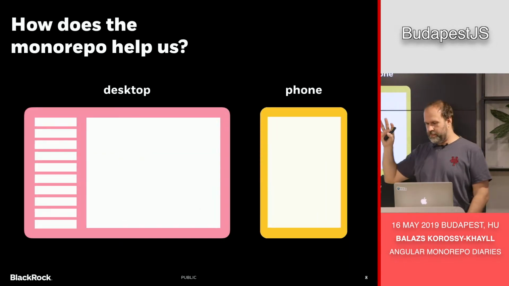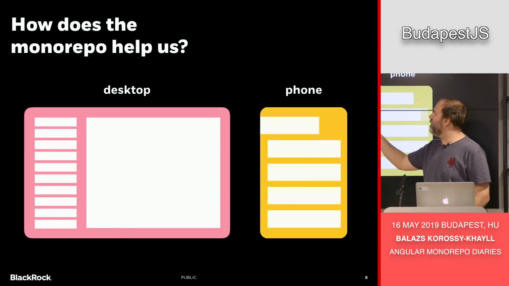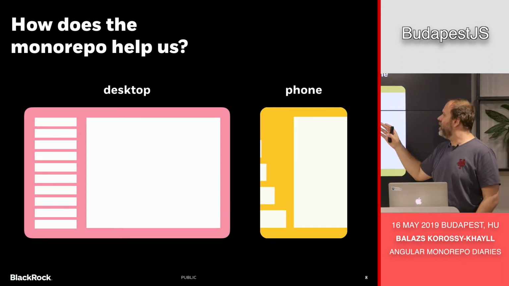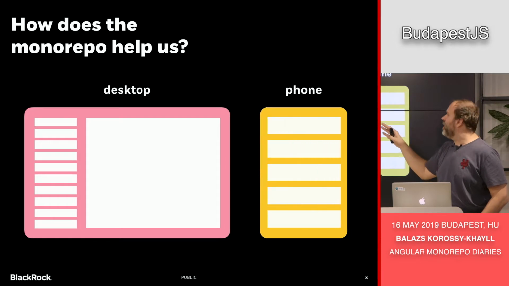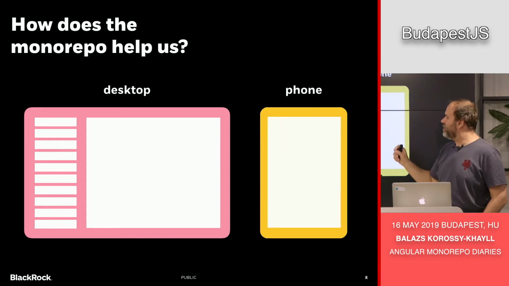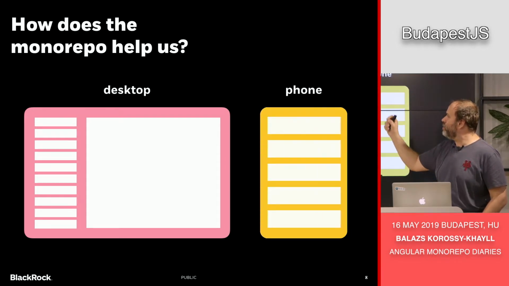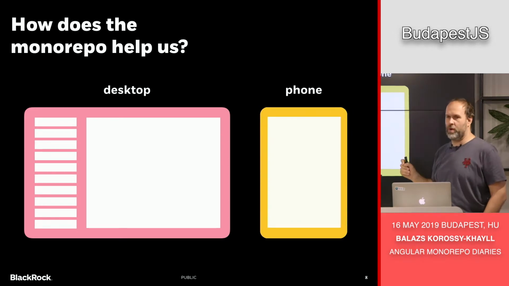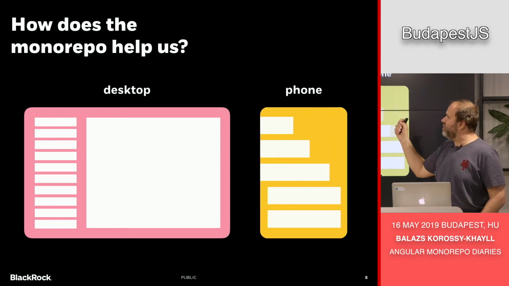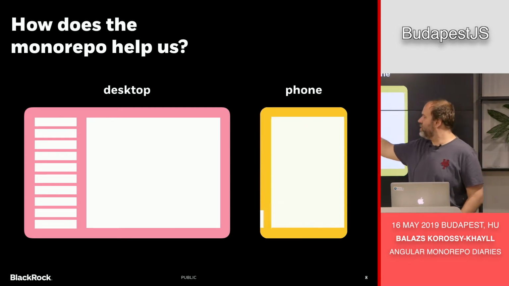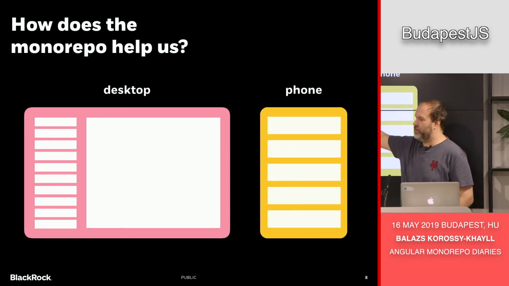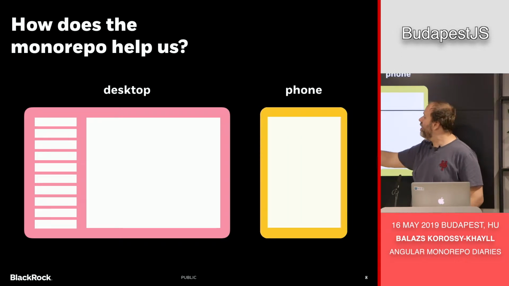OK, so what I'm going to do is I'm going to show you how we applied the monorepo to our problem. Here's a sample application that is supposed to work on desktop and supposed to work on the phone. Now, the desktop version is a bit different because on the desktop, you have the list of items, whatever they are, on the left.